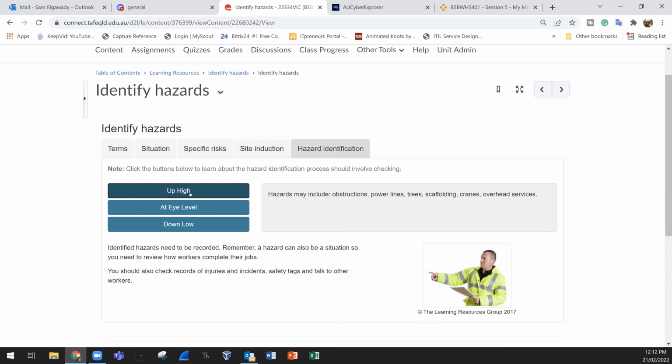Up high: obstructions, power lines, trees, scaffolding, cranes, overhead services. At eye level, hazards may include other workers, equipment, machines, hazardous material, obstructions, poor lighting. Down low: surface condition, spills, debris, underground services, weight bearing ability, trip hazards, and so forth.